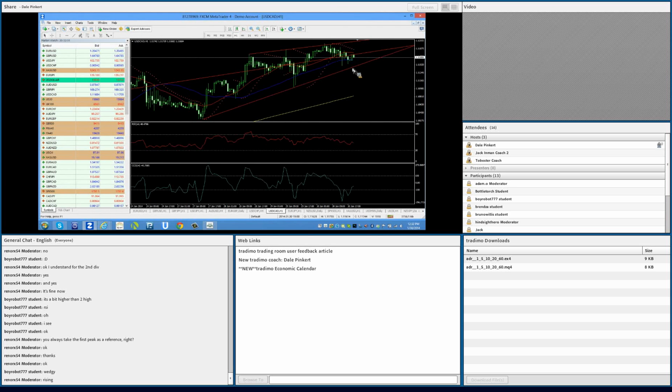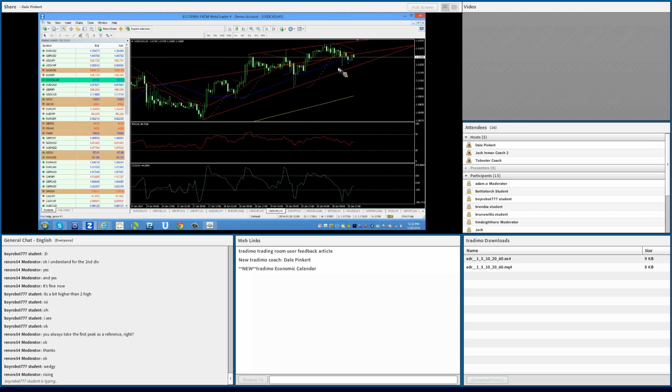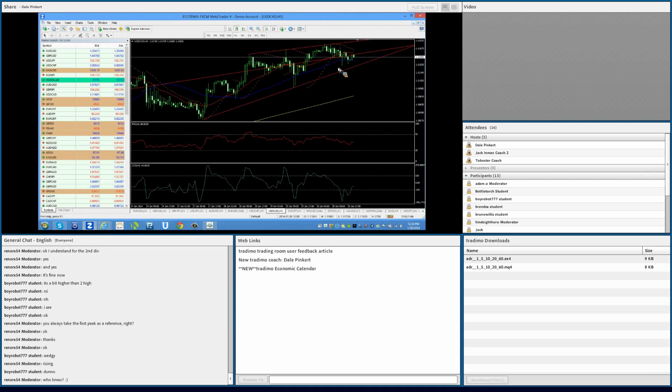Renner and Robot, how much do wedges retrace? 38%, 50%, 61.8. It's good to know. Anyone know? 100%.